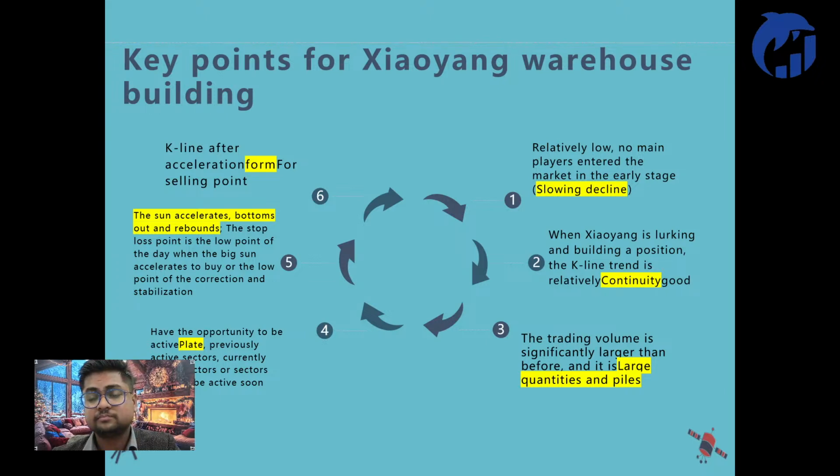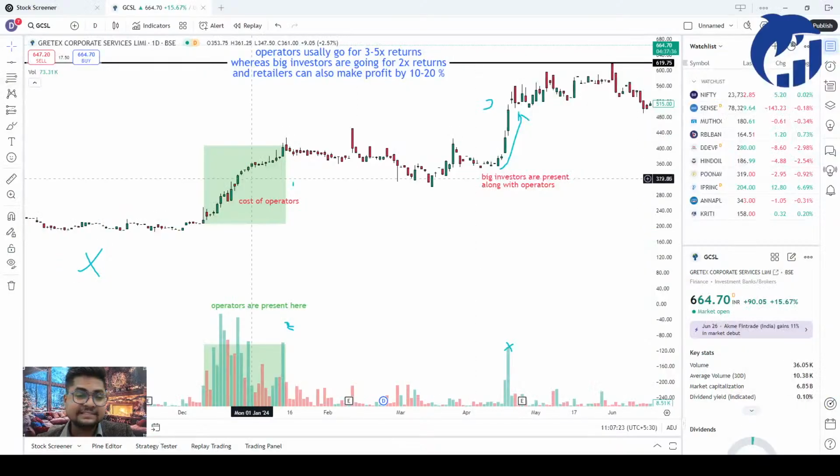Once the operators and big investors are there, you can make an exit at this level. Operators will usually have a profit of 3 to 5x, whereas big investors will have a profit of 2x returns, and retailers can also make 10 to 20%. So these are the major factors we are understanding here.